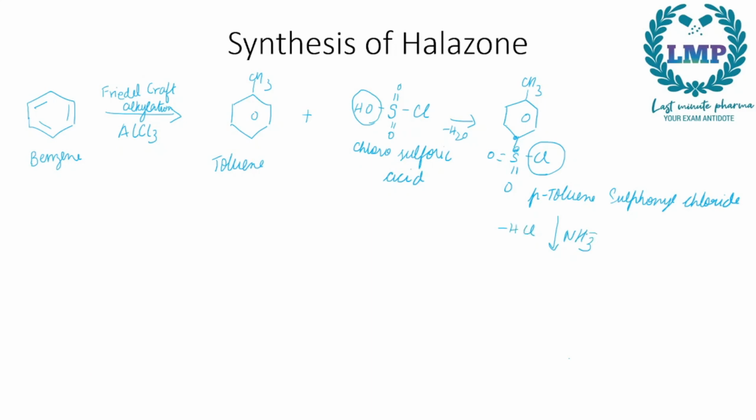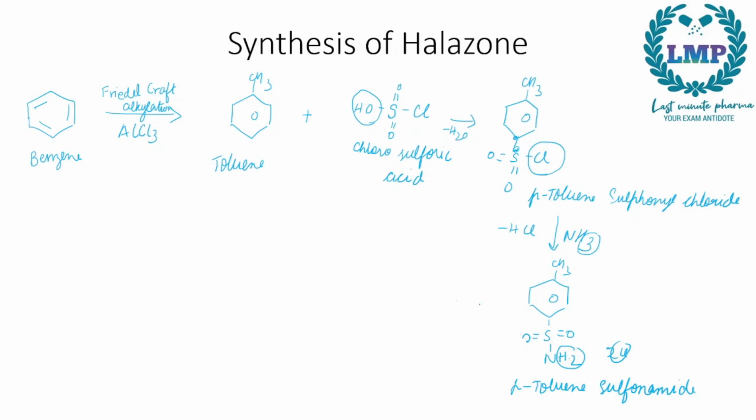So this H and this chlorine will be removed. So we will get benzene with a CH3 with the S double bond O along with the NH2. This will be named P-toluene sulfonamide.